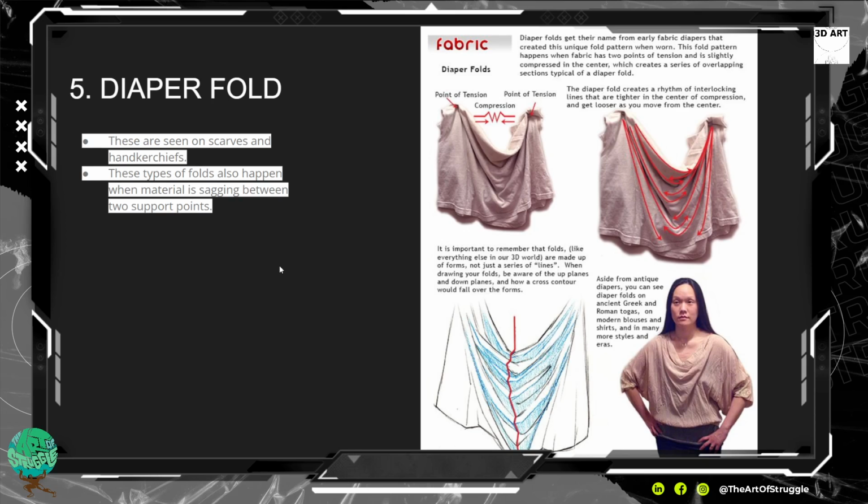Now let's talk about the diaper fold. These are seen on scarves and handkerchiefs. These types of folds also happen when material is sagging between two support points. All right.